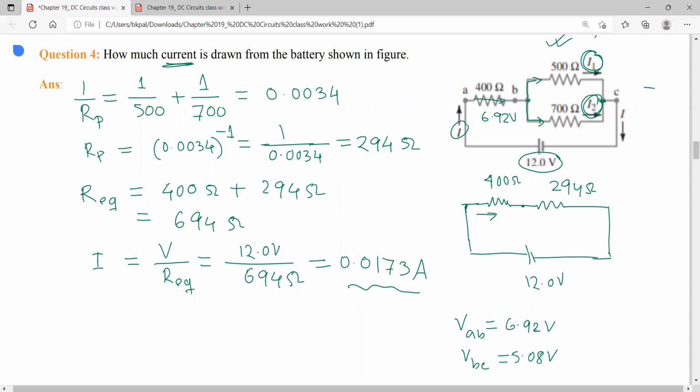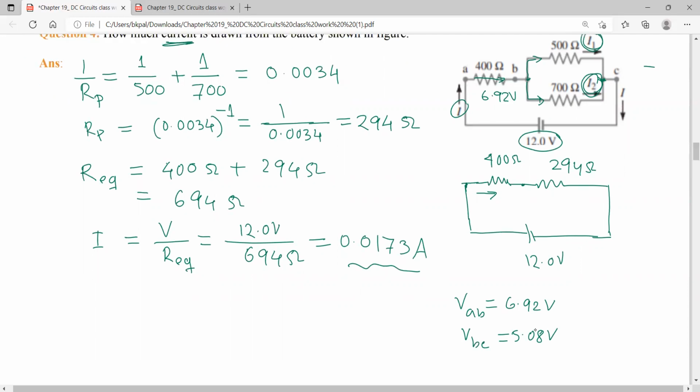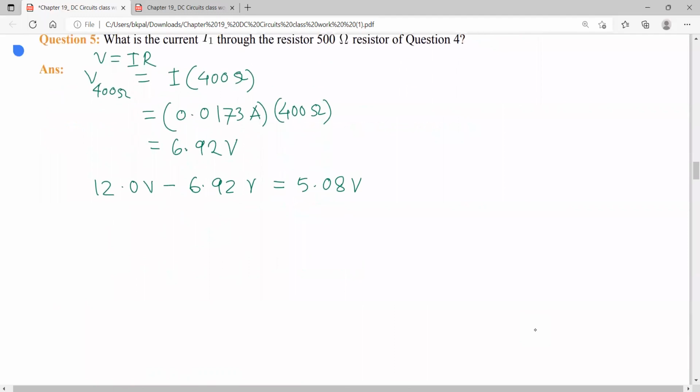You know that because the 500 ohm and 700 ohm resistors are in parallel, the same voltage drops across both resistors. So 5.08 volts is dropped across both the 500 ohm and 700 ohm resistors. Then it's easy to calculate I1.